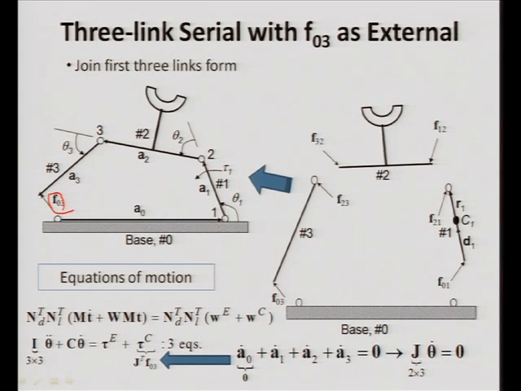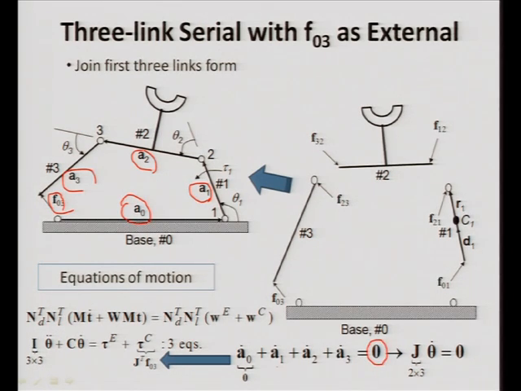Okay. That is the derivation I will show you, that this J basically is the velocity portion of the Jacobian, because in this case rotational motion is not constrained, only the linear motion is constrained. And generally we find that from the loop closure equation, that A0 plus A1 plus A2 plus A3 is equal to 0.